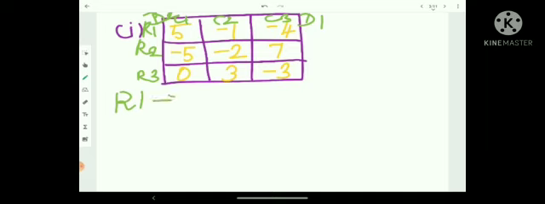So I'm doing row 1. We have to add to see whether it is correct or not. 5 plus minus 1 plus minus 4, you have to add, not subtract.